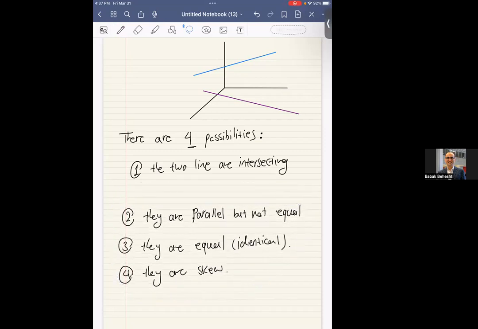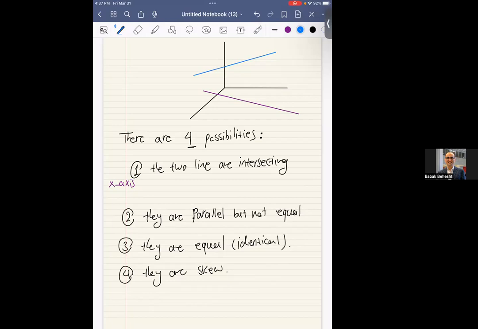So for the first case, you have the x-axis. If you want to write the equation of the x-axis, the direction is 1, 0, 0, and it passes through the origin.